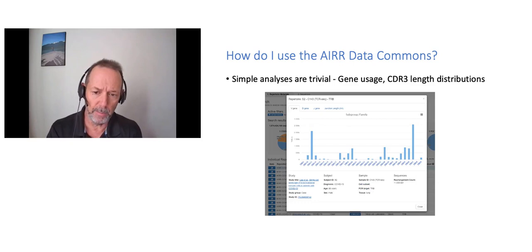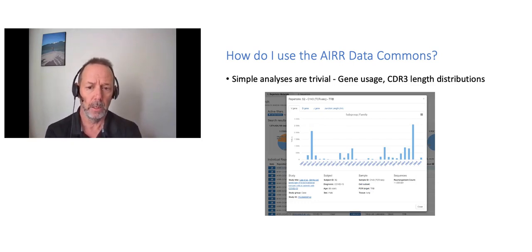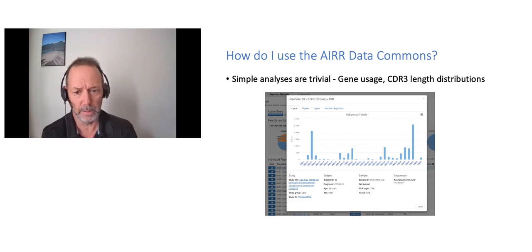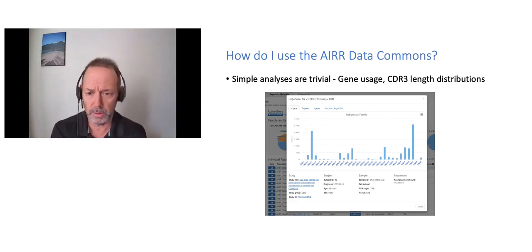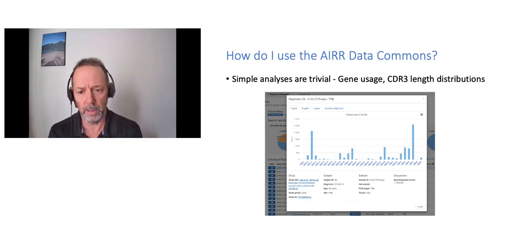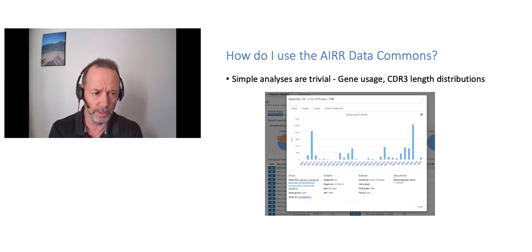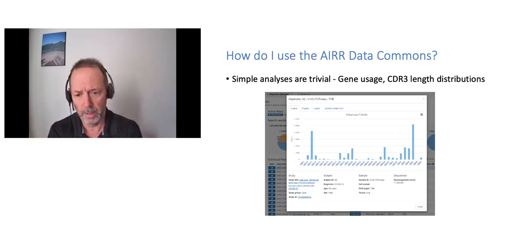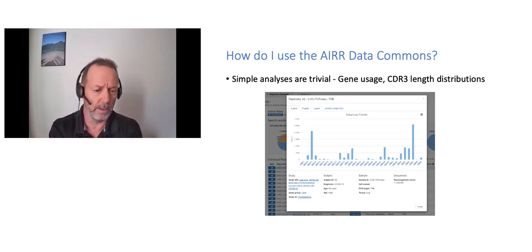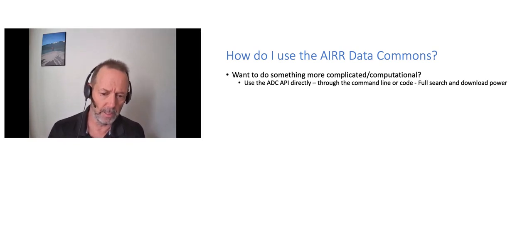Another capability that you have is to do quick, simple analyses. We have the ability to do analyses on individual repertoires or samples in the AIRR Data Commons. You can get V gene usage, D gene usage, J gene usage, junction length, and amino acid usage as well. These capabilities make it easy to find data of interest, drill down, get that data, and then download it and do further analyses offline.